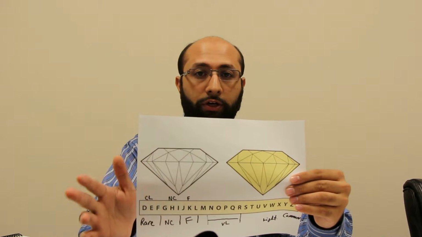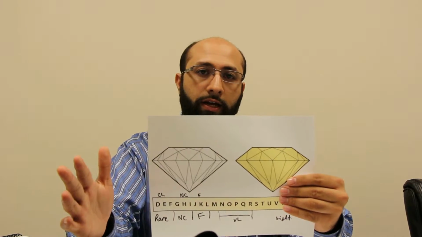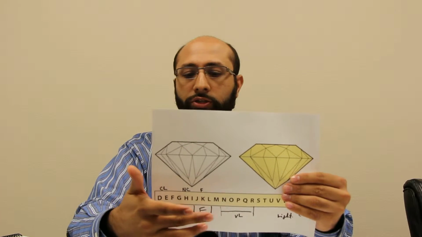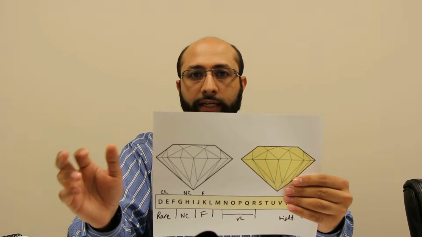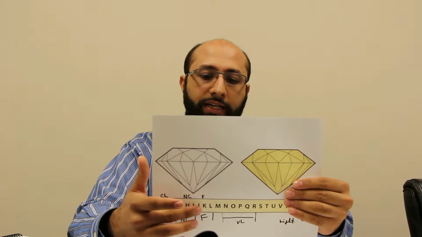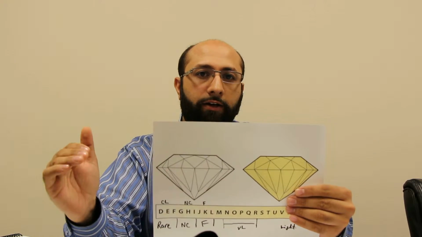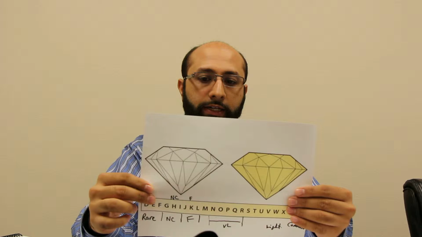So D, E, and F are good. I think in our business, if someone says they don't want to see any color, we don't go anything below H. Essentially H and above, you're going to struggle to see any yellow or brown in there. Anything I, J, K, now you can see faint hints of color, and then obviously after that you'll see the color in there.